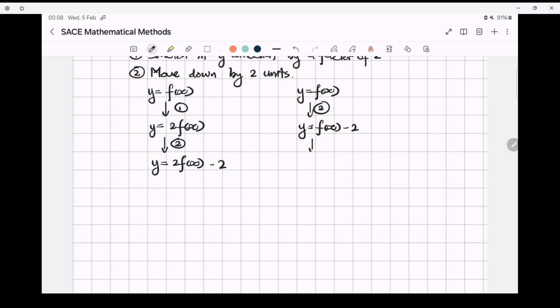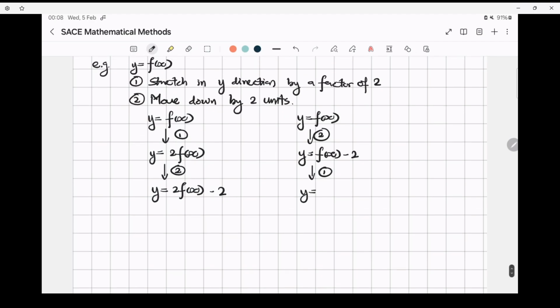Then you do number 1. Remember that for number 1, when you stretch it, you have to multiply the whole thing. So this will be 2 multiplied with f(x) minus 2, which is 2f(x) minus 4.